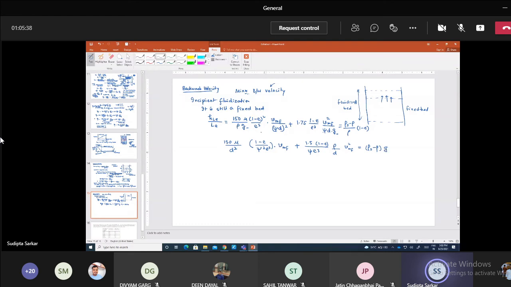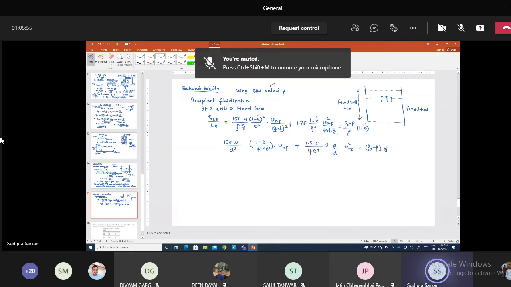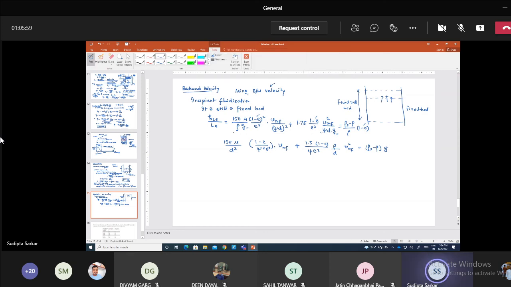So 1 minus E has been cancelled out from this side, and also rho, which was at the bottom, so I missed a rho here. Oh, sorry. So here there was no rho, so we divided by rho here, and rho everywhere we multiplied with rho, so that the rho is coming here and like this.